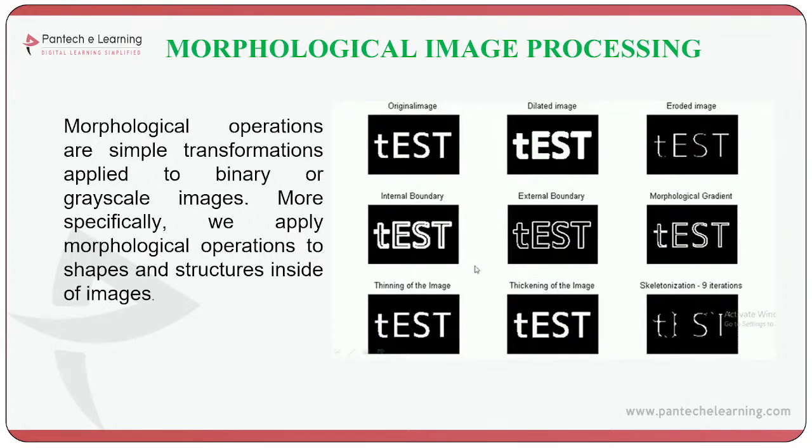What is the structuring element in morphological image processing? A pixel will be added to or removed from the object in the image depending on the size and shape of the structuring element used in the image.